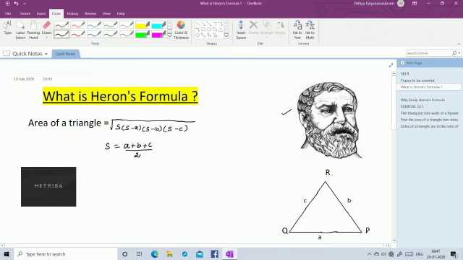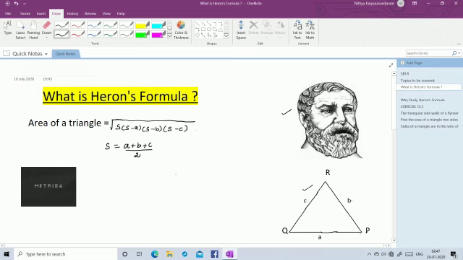For example, here we have PQR is a triangle and a, b, c are the sides of the triangle. Find the area of this triangle. That is nothing but square root of s into (s minus a), (s minus b), (s minus c), where s is called the semi-perimeter of the triangle. We know perimeter is nothing but the sum of the lengths of all the sides.